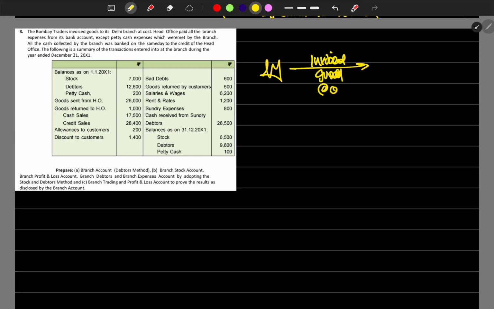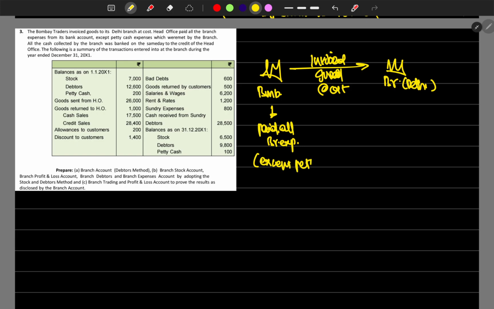Okay, now, Bombay Traders invoiced goods at cost to the Delhi branch. Head office paid all branch expenses from its bank account except petty cash expenses, which were met by the branch.